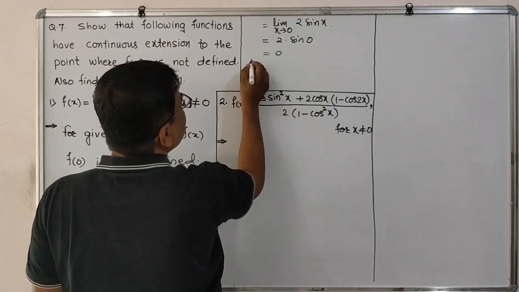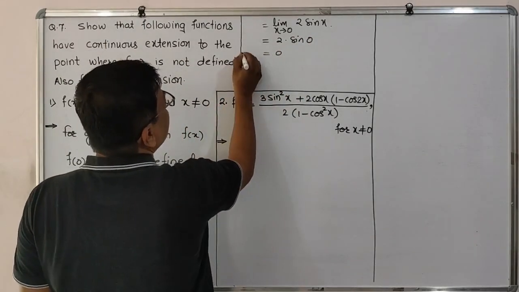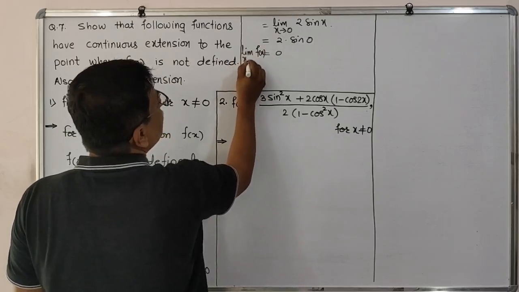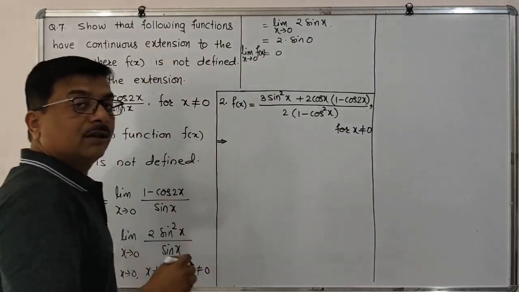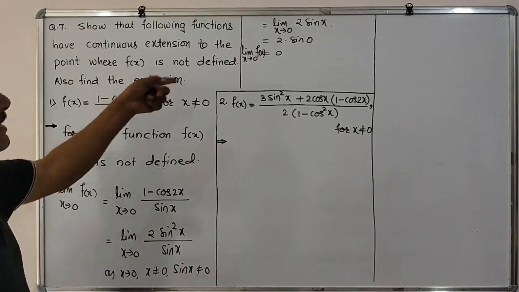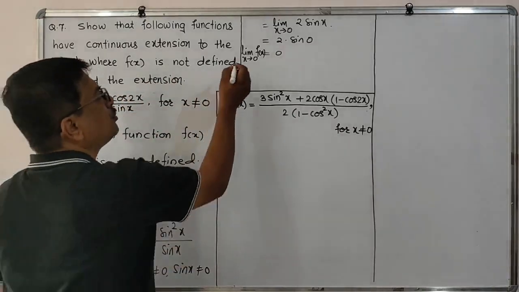Hence we can say that the limit of f of x as x tends to 0 is 0. Hence, if we define f of 0 as 0, then the function is continuous at x is equal to 0.